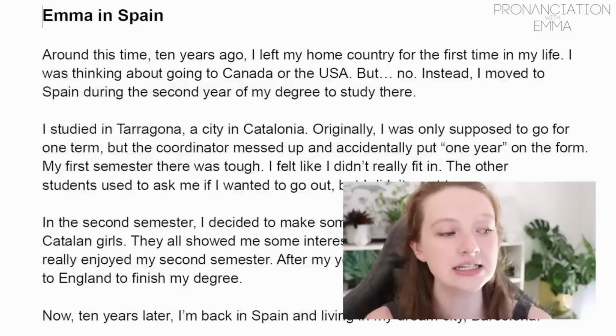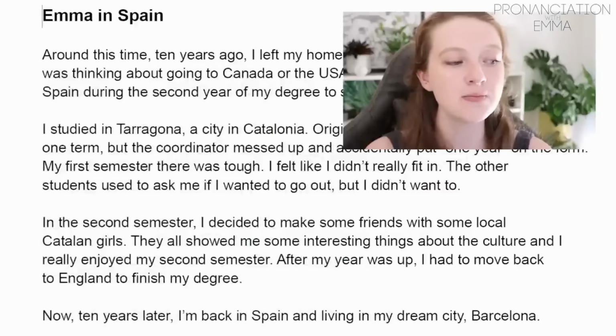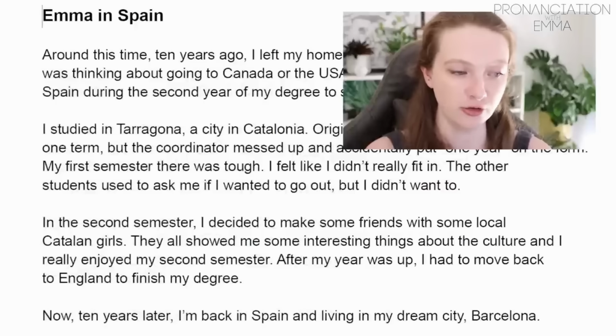I studied in Tarragona, a city in Catalonia. Originally, I was only supposed to go for 1 term, but the coordinator messed up and accidentally put 1 year on the form. My first semester there was tough.